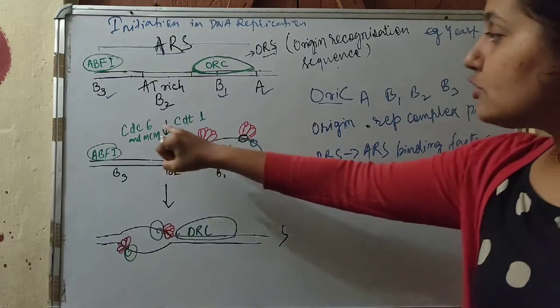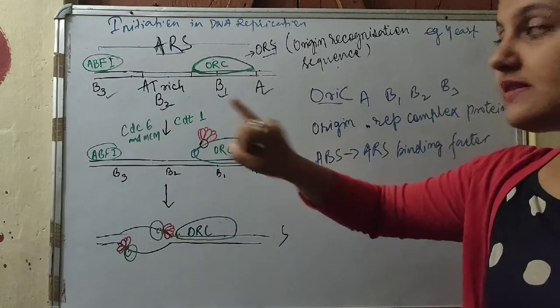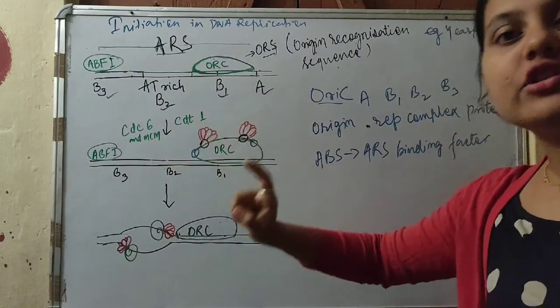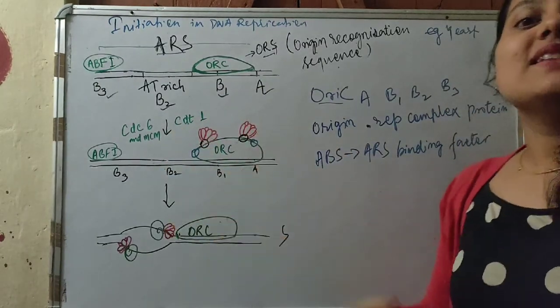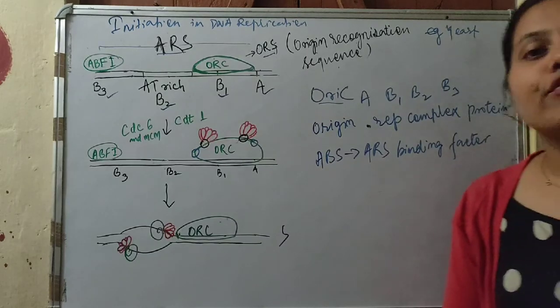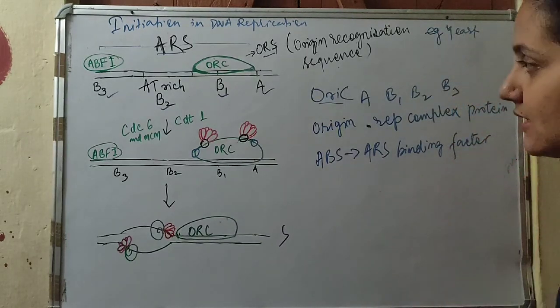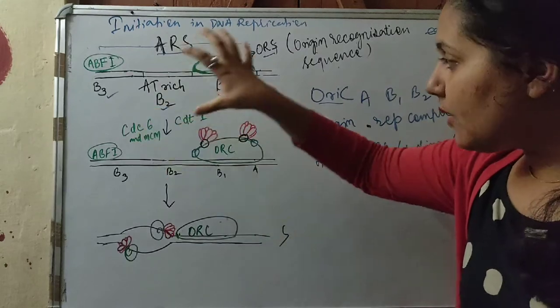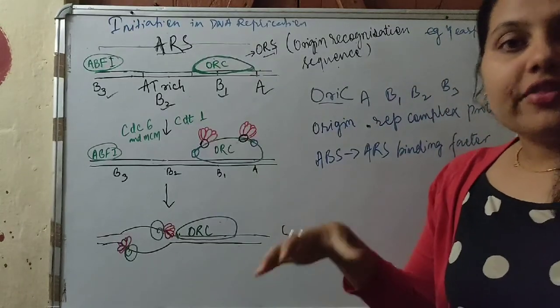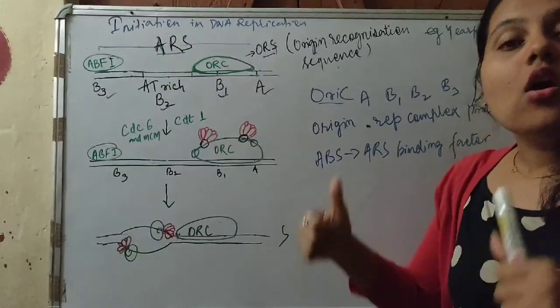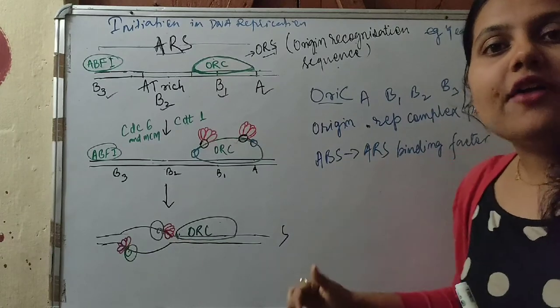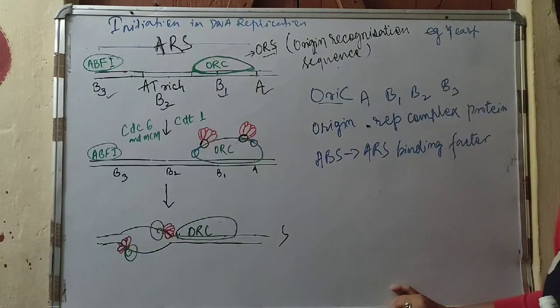But what happens is these two proteins will disintegrate as soon as the S phase stops. This is because these proteins make sure that the replication does not initiate after the S phase.